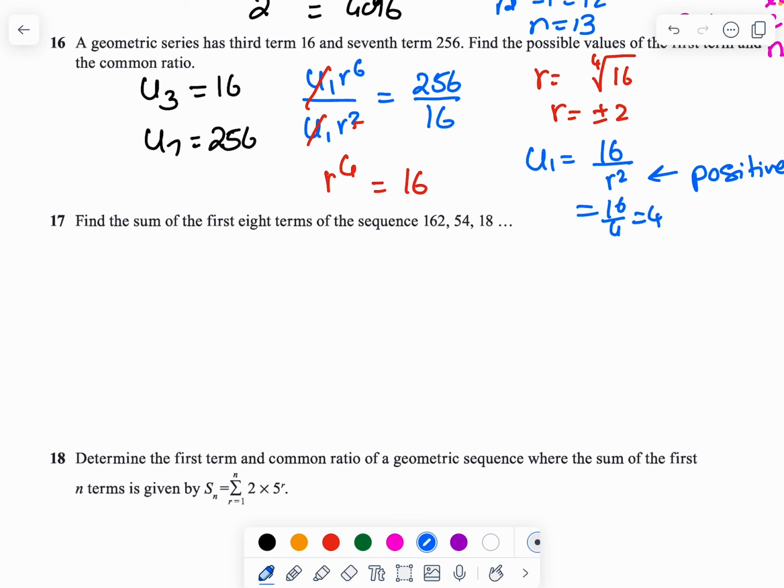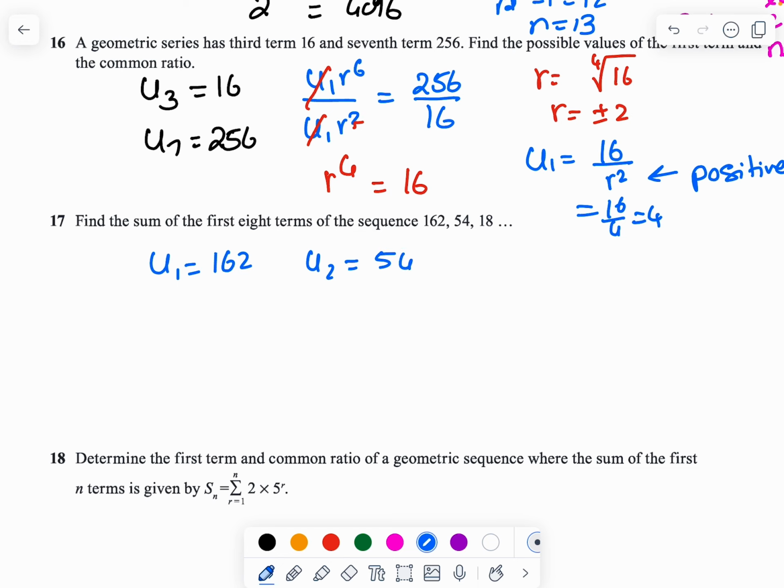Question number 17. The sum of the first 8 terms of the sequence. So u1 equals to 162, u2 equals to 54.